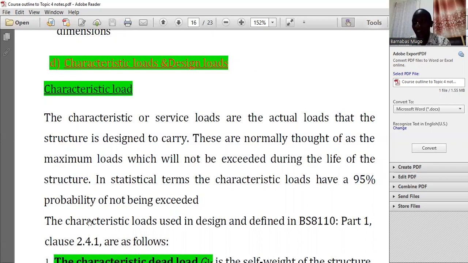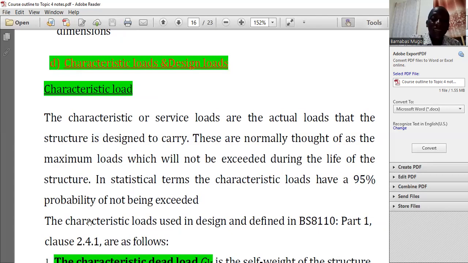In statistical terms, the characteristic load has a 95% probability of not being exceeded. So in any structure, we have the load which the building is designed to carry, and the maximum load that the building can carry should not be exceeded in any way, otherwise it is going to fail.